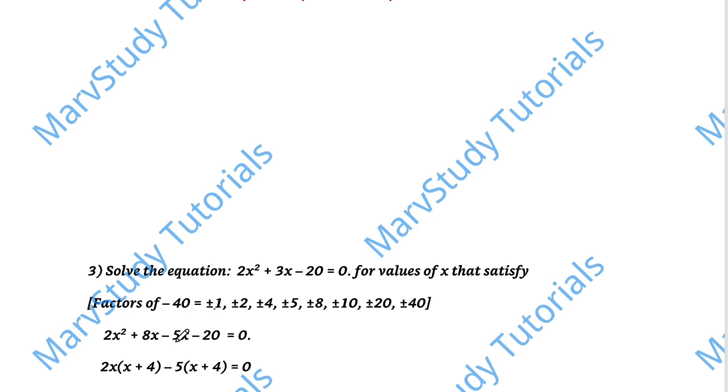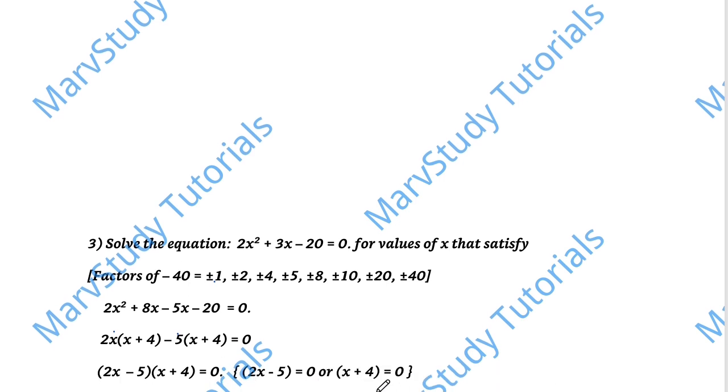Then, looking at negative 5x, negative 20, what's common is negative 5. So we take out negative 5. Negative 5x divided by negative 5 is giving us x, and negative 20 divided by negative 5 is giving us positive 4. Now, we take this and we take this, and then we have 2x negative 5 times x plus 4 equal to 0.